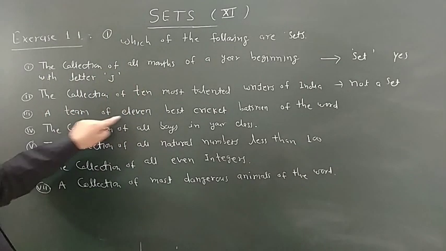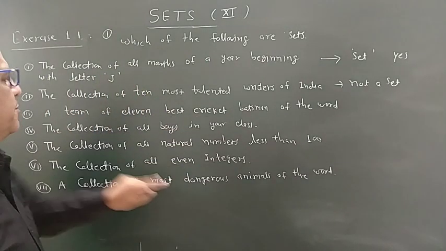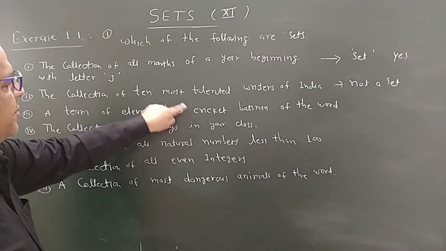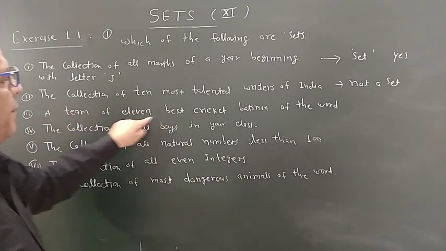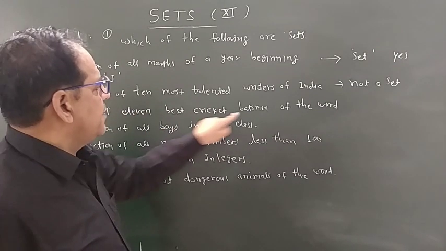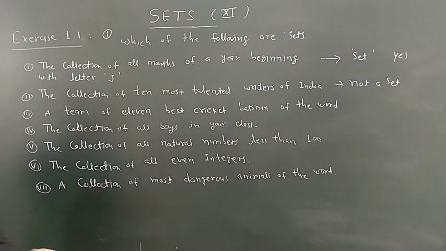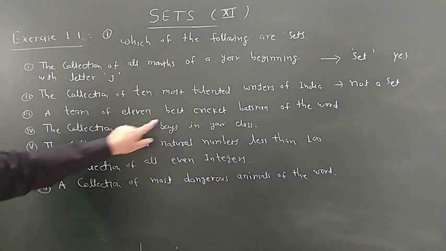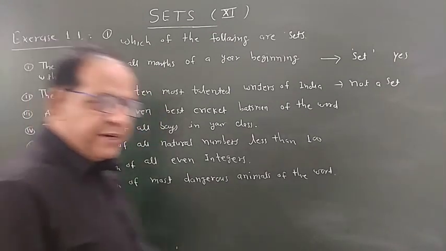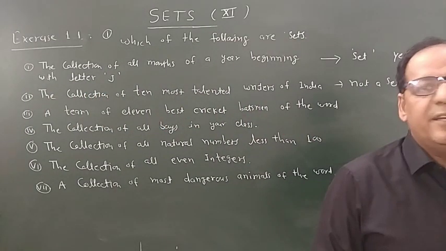A team of 11 best cricket batsmen. Without 'best', the team of 11 cricket batsmen of the world is a set. But for best cricket batsmen, what is the category of best?